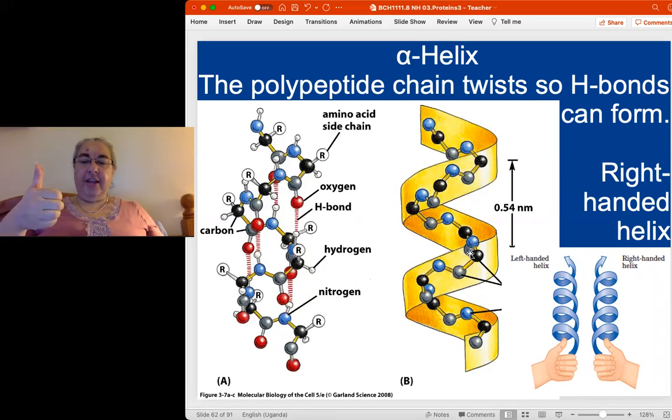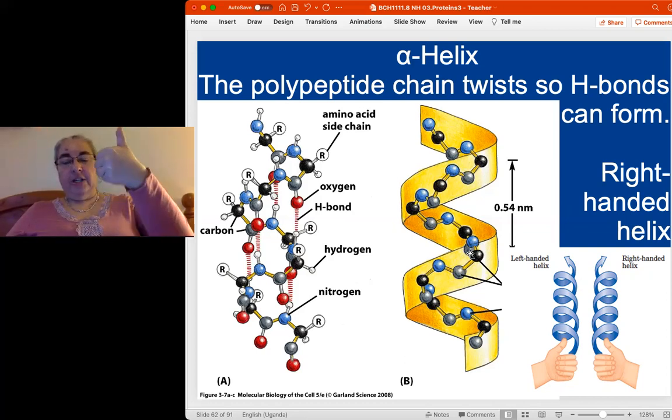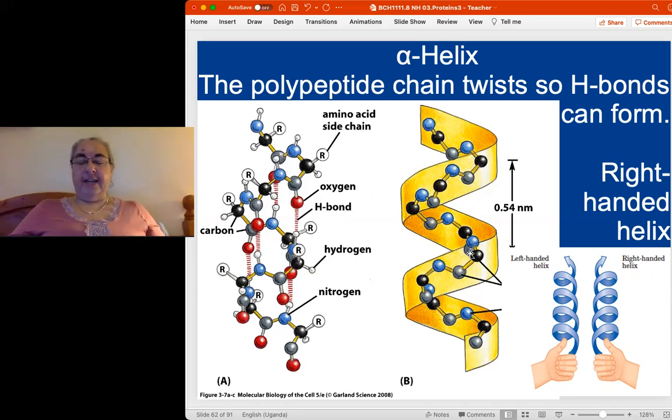If your fingers are curving in the same way as the helix, it's a right-handed helix. If it's your left hand that matches the direction, it's a left-handed helix. Okay, so this is a right-handed helix. The helix is curving sort of backwards here, forwards here, so it's curling to the right. I hope you can see that.